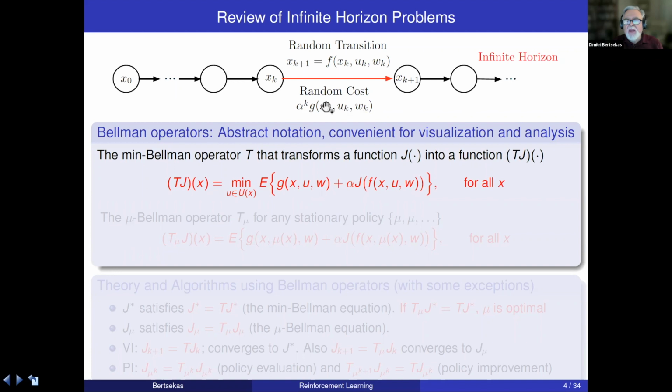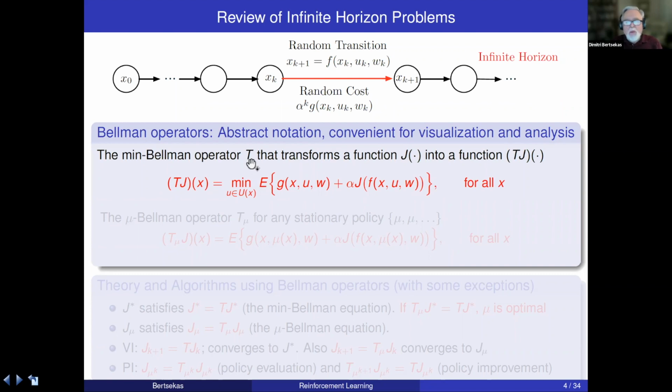At the kth stage, there's a cost g that depends on state, control and disturbance, and it's also discounted by a discount factor which could be equal to 1, in which case you have an undiscounted problem. And the important notation that we introduced last time, and it's going to be convenient for us both for visualization and also your class notes and textbooks for analysis, is that of a Bellman operator.